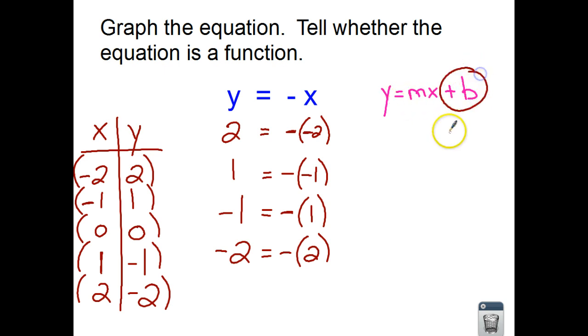B is known as the y-intercept, and that is where the line will be crossing the y-axis. And the m right there is known as our rise over run, also known as the slope. And in the last video, we talked a lot about the rise over the run.